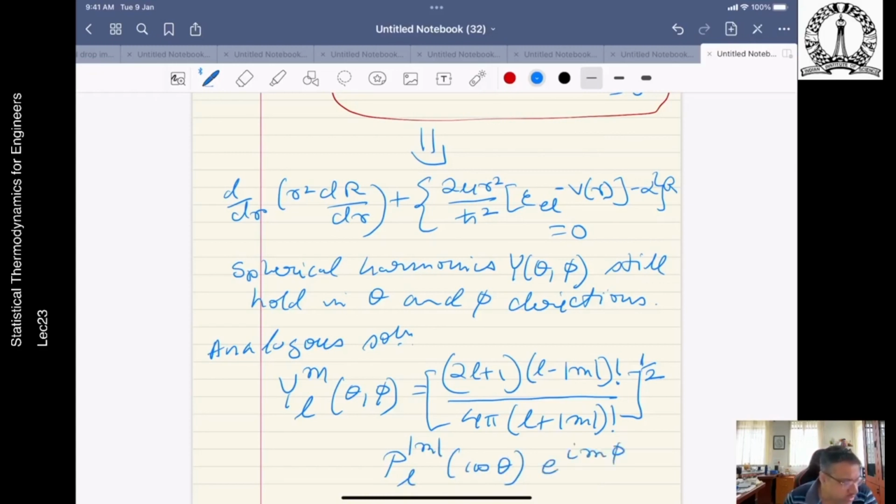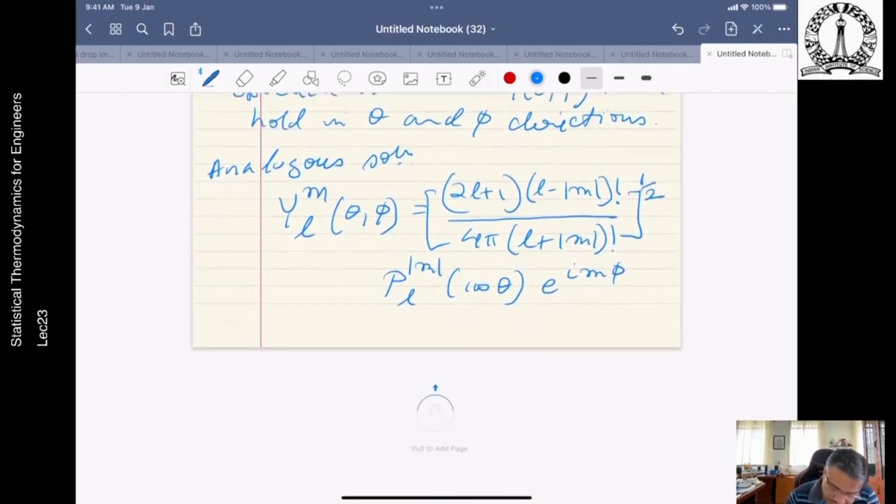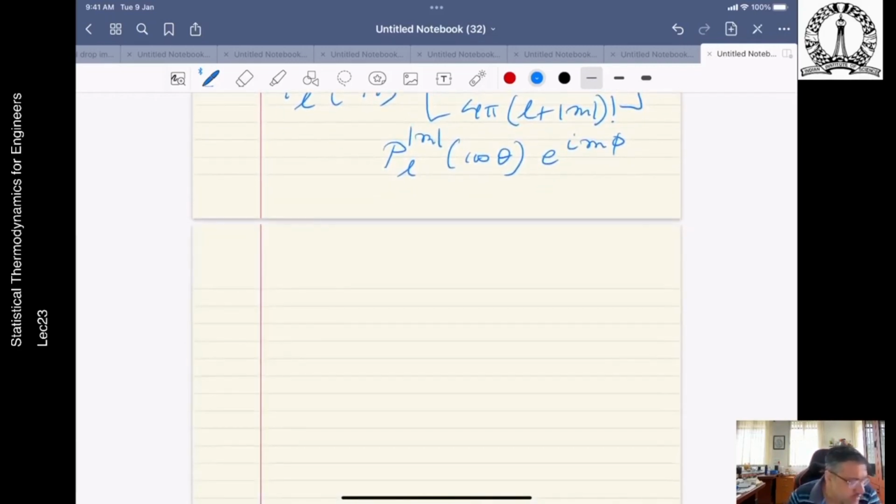So this is the analogous solution. Similarly, alpha is equal to l into l plus 1, where l is greater than or equal to the mod of m. So similarly, we introduce the concept of orbital angular momentum by invoking the equations that we did earlier.